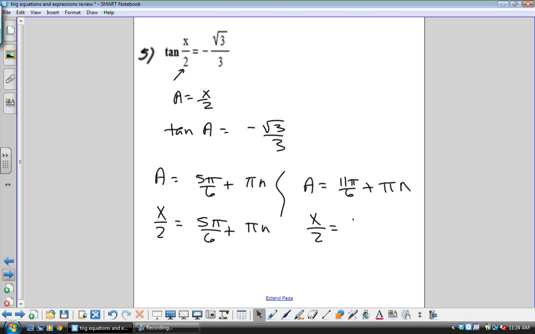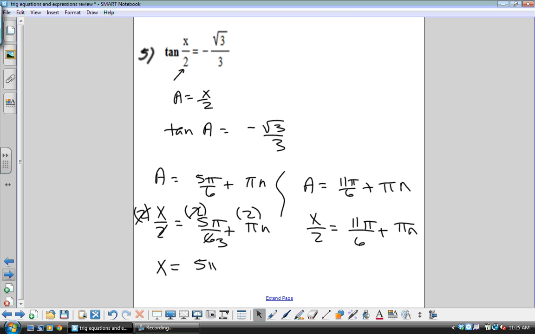Okay, same thing over here. All right, now let's get rid of the 2 here. So we don't divide by 2 here. Instead, we do the opposite. We're going to multiply by 2. Okay, so they'll cancel out real well there for me. And 2 goes into 6 3 times.